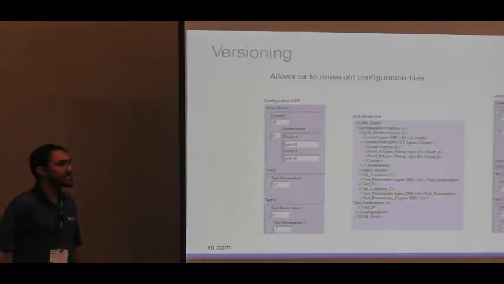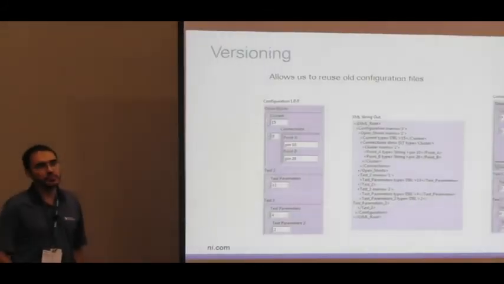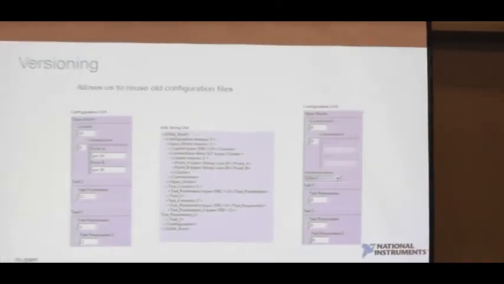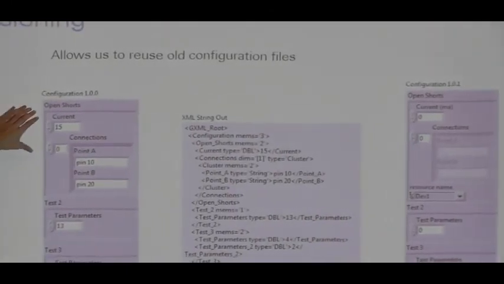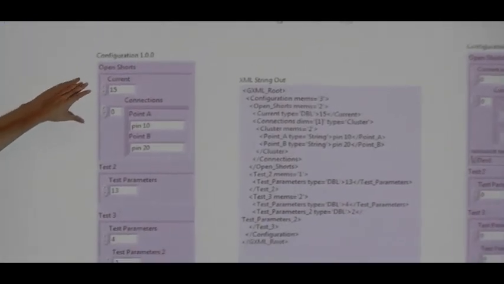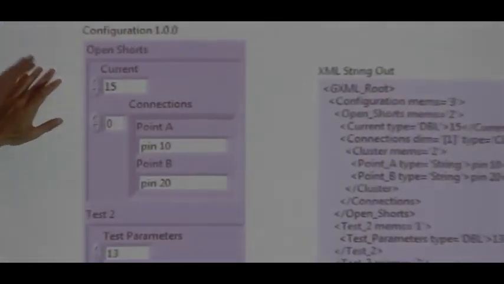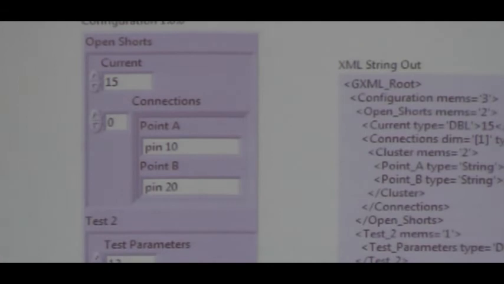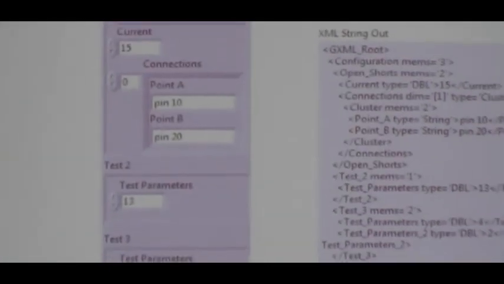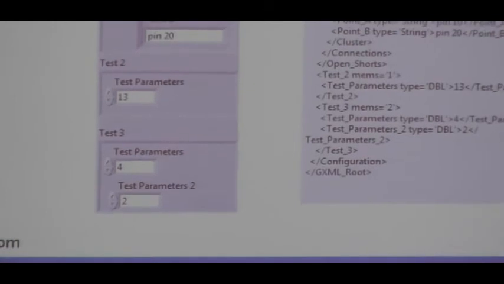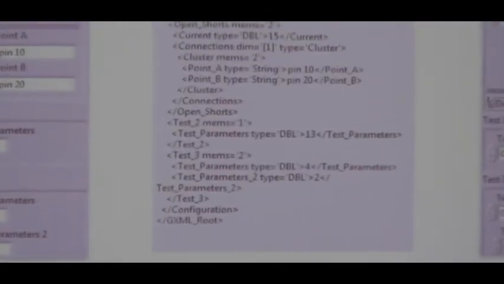The other part that I say is extremely important is versioning. We were building a tester, and we built it first in a hurry. It was not the best code, but I think that's how most of us work. We have to build something at the last minute, and sometimes we try to excuse that with not the best practices.